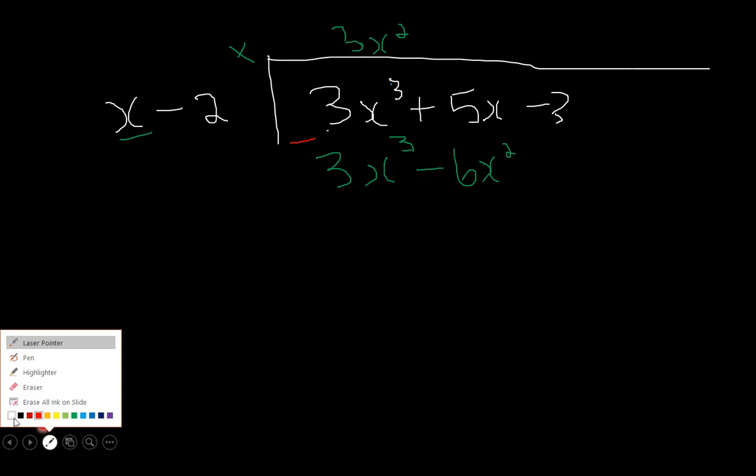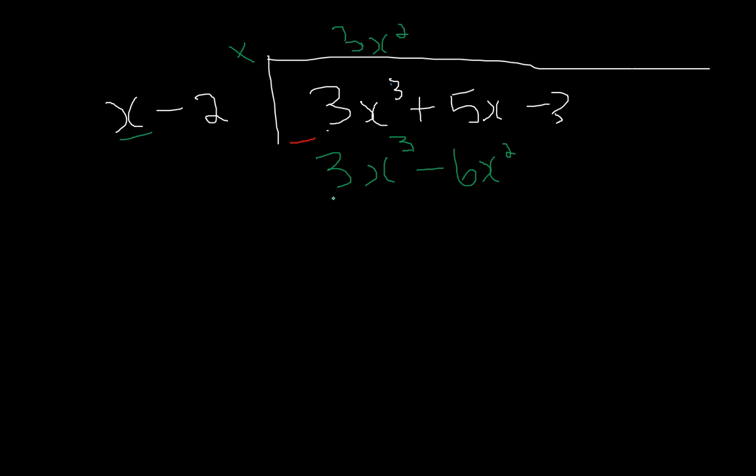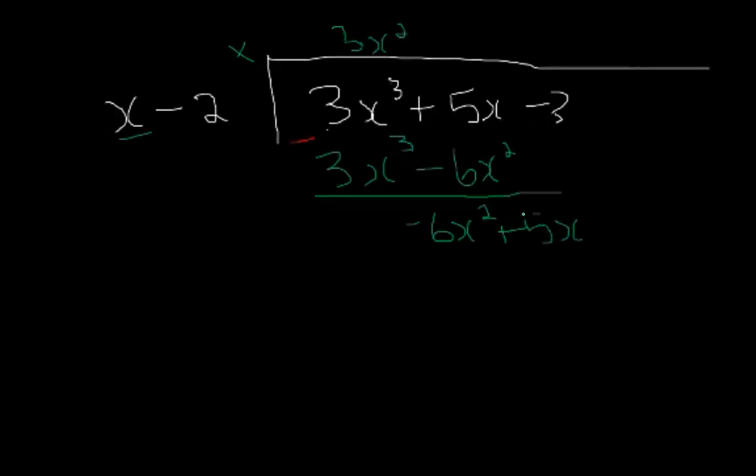And if you're doing it this way, without putting the 0x squared, you could just put back the minus 6x squared and then put the plus 5x. You good with that? So you didn't have to use the 0.